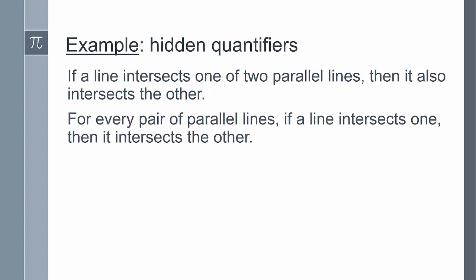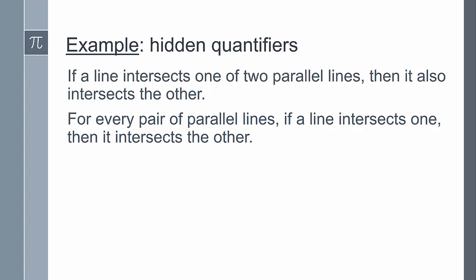This is a statement about all pairs of parallel lines. So I'm going to start by quantifying this for every pair of parallel lines, and then I'm going to write the statement as a conditional statement, if-then: if a line intersects one, then it intersects the other. So now we have a nice form that we can negate.